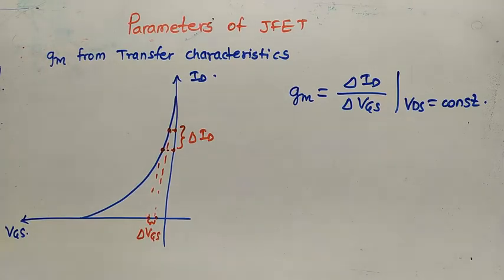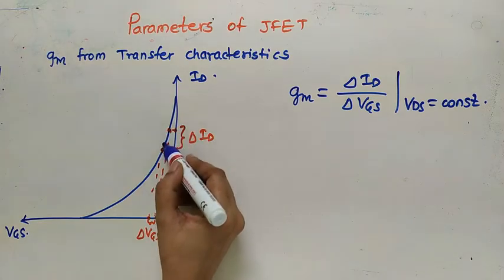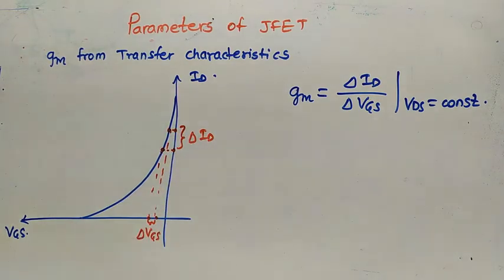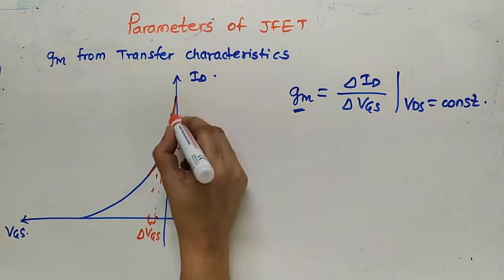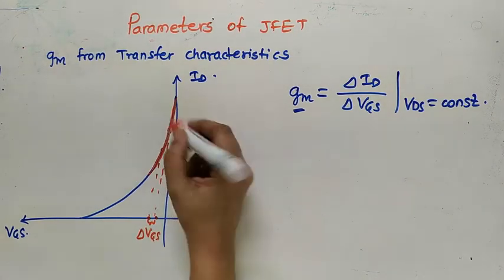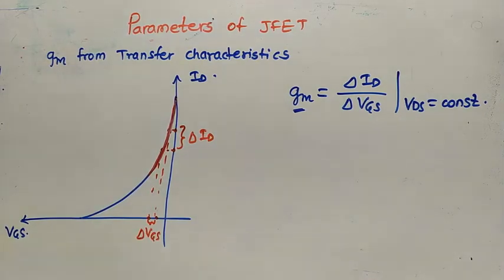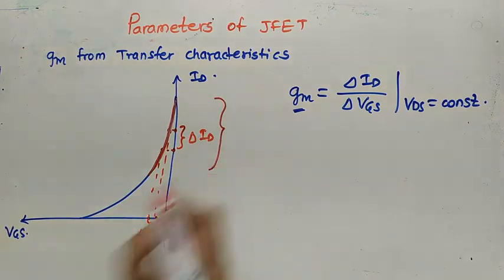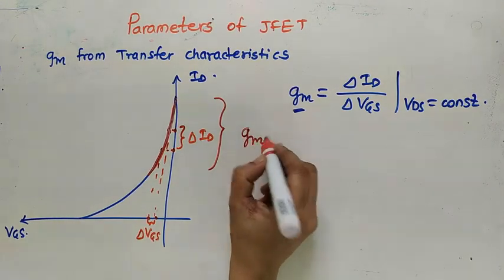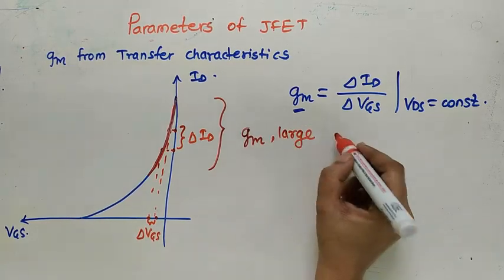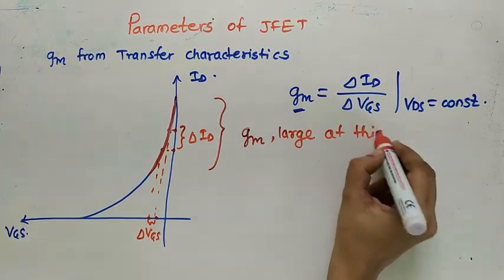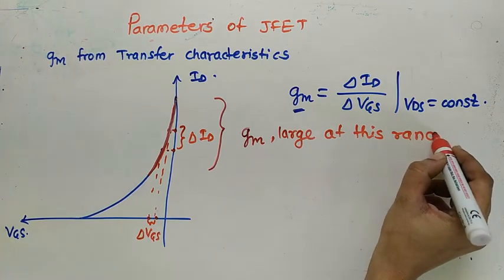But there is one limitation, or we can say drawback, that based on the selection of these points on the characteristics, the value of Gm is going to change. Means if we select the 2 points at the higher side of this characteristics, the transconductance at this level, the value of Gm is large at this range.